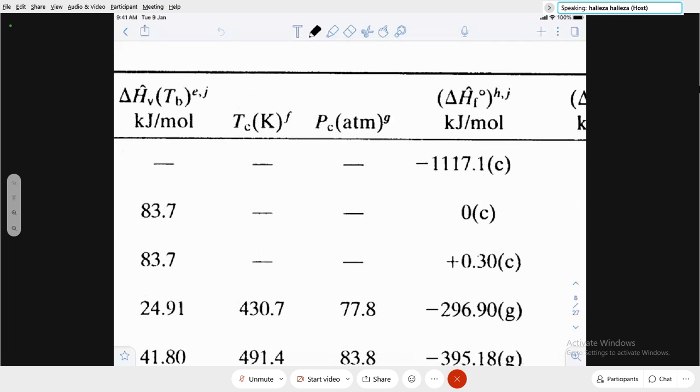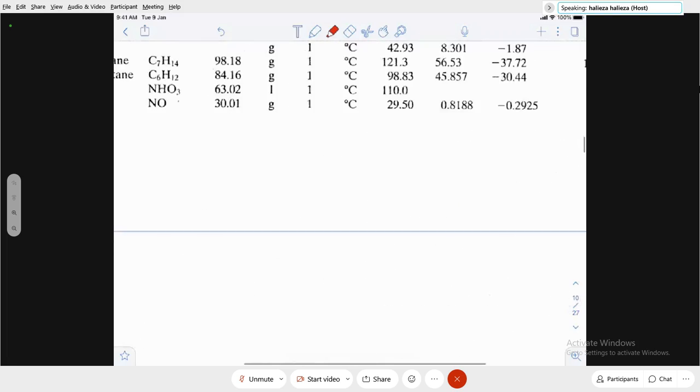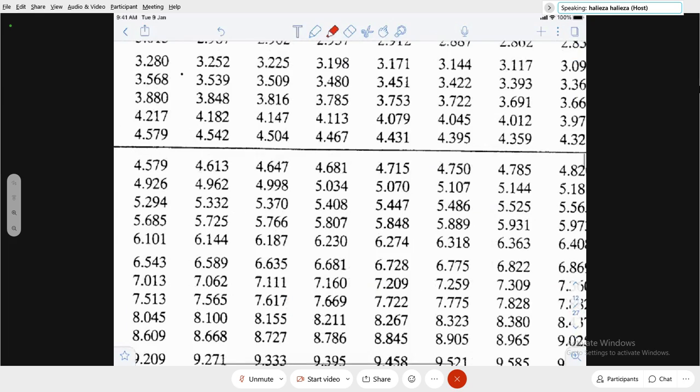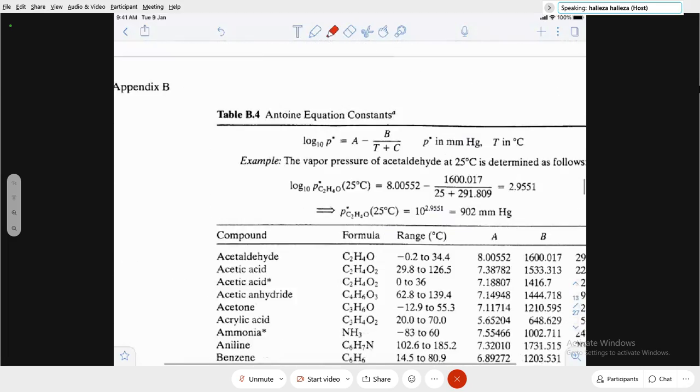This is your heat of formation, and that superscript implies that it is at 25 degrees C and 1 atm. That's why your reference state is always at 25 degrees C, 1 atm. So let's go back to appendix B8, because I still need more values from it in order to complete the table.